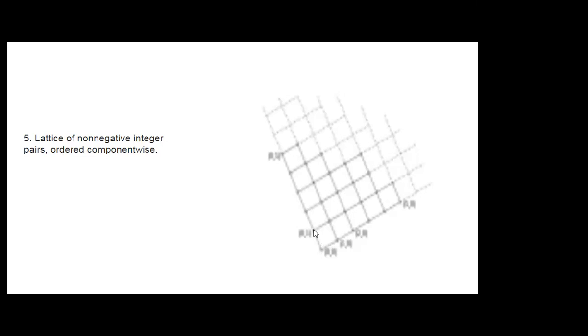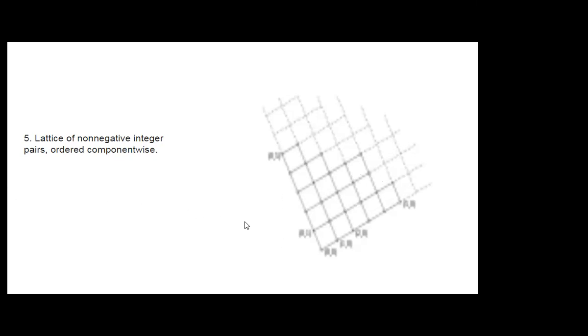Same here, 0, 1. 0 is the x-axis value. So it will be 0, 1. This will be 0, 2. The x-axis value is 0 and the y-axis value is 1 and 2 like that. Okay. So like this, all this is the component wise lattice. Okay. All the points are included here.